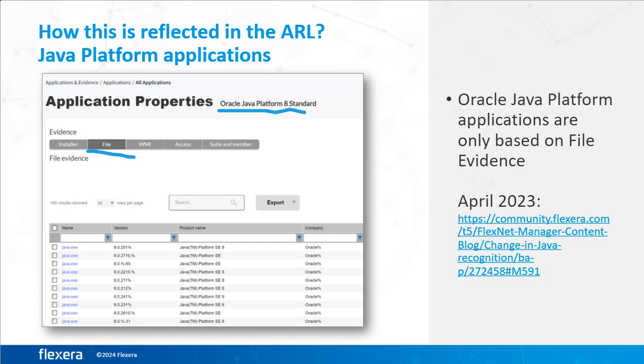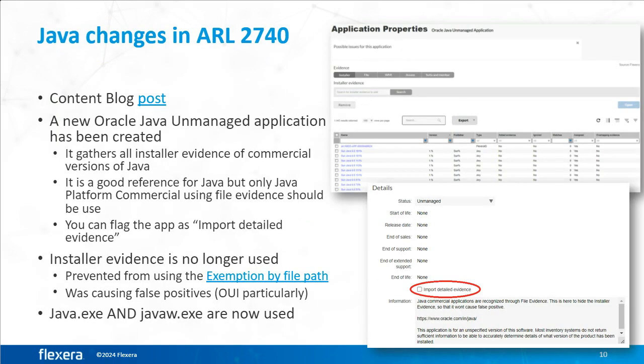And we changed in a way that the installer evidence was managed in a so-called Java unmanaged application. So everything from installer evidence was rolled up in one application. And this was really a problem. Customers and partners reached out and said, hey, no way, we need the installer back.